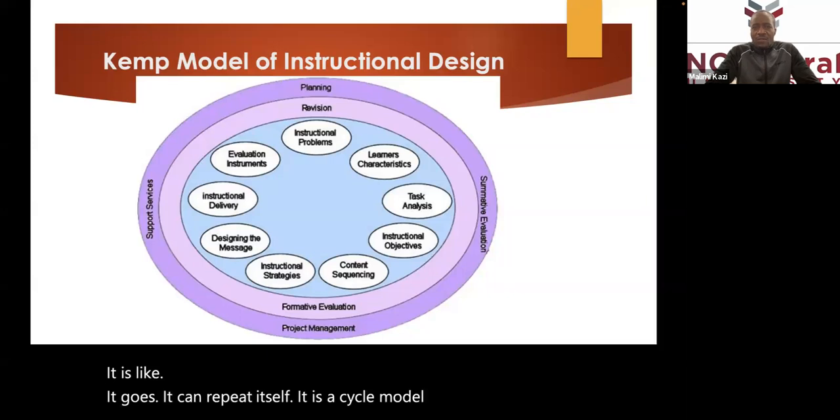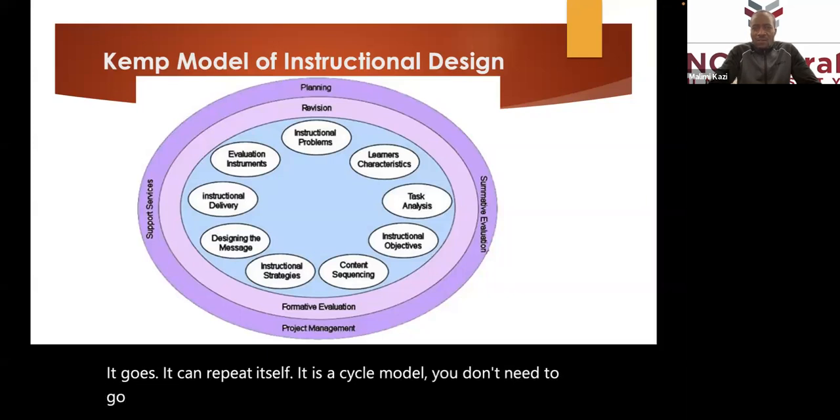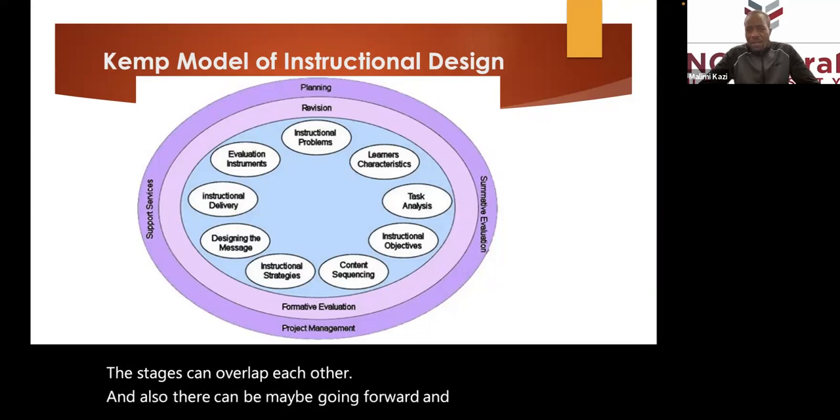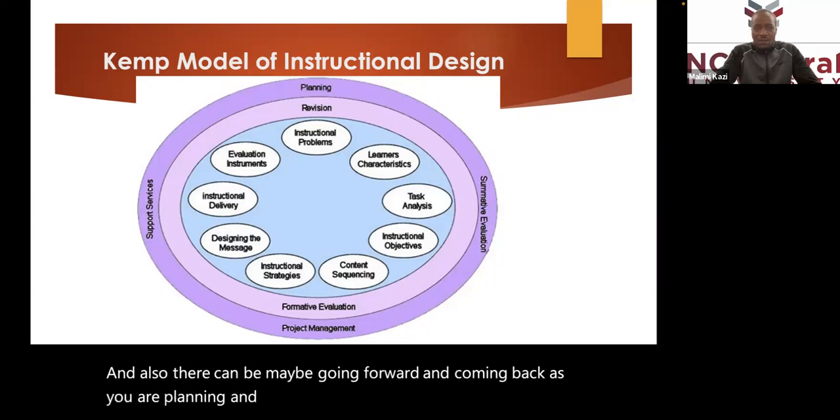You don't need to go in a sequential order, but the stages can overlap each other. And also there can be going forward and coming back as you are planning and even when you're implementing the instruction.